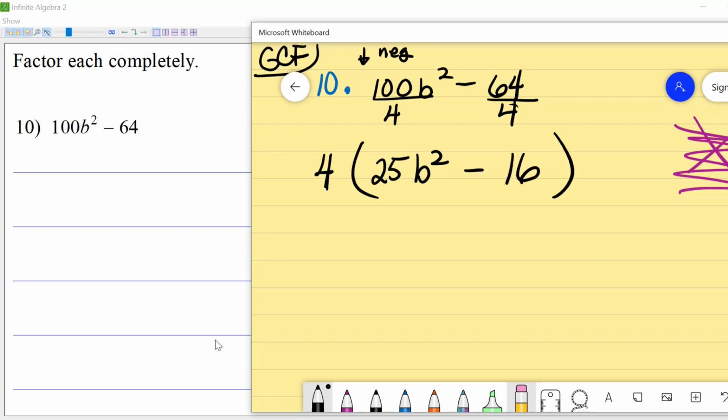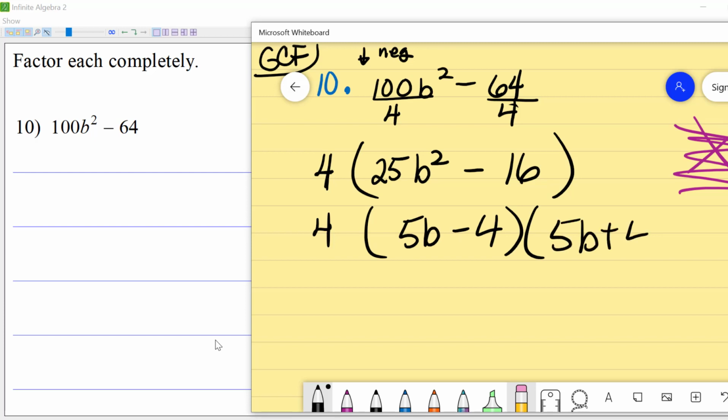And then hopefully you recognize right away that these are all perfect square terms. So 25 is a perfect square, b squared, and 16 are all perfect squares. I do have a difference, which is the difference of squares. And so I can do this quickly. And that is your final answer.